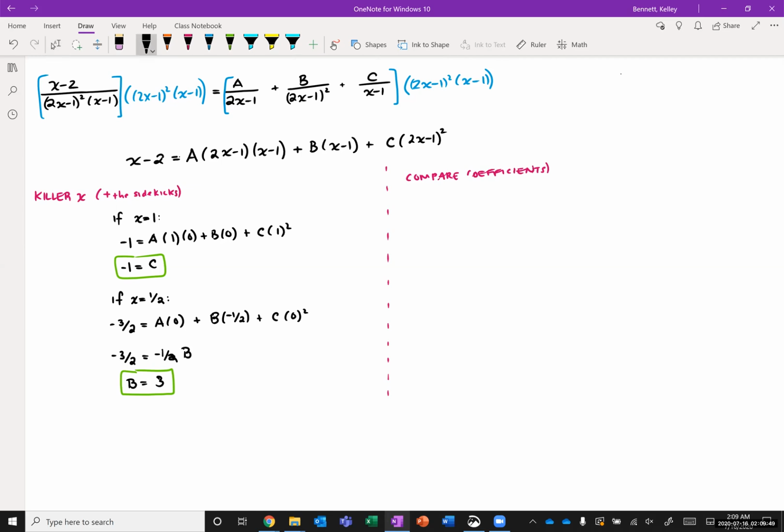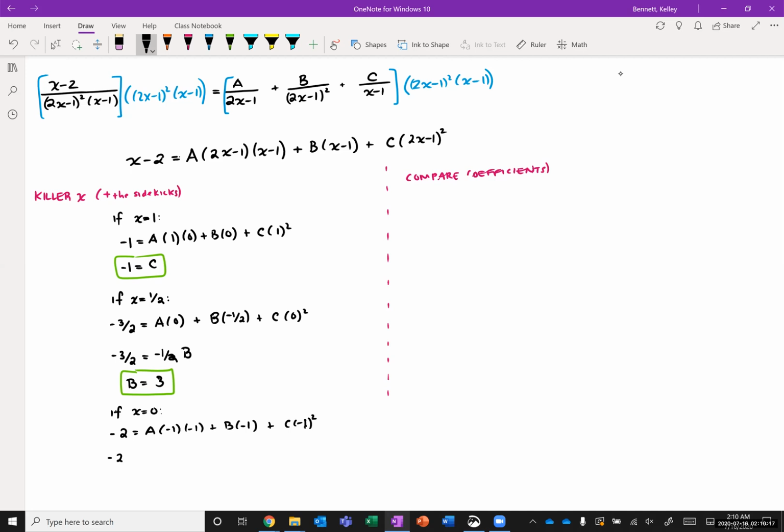So if I plug in 0, what do I get? I get negative 2 equals a times negative 1 times negative 1 plus b times negative 1 plus c times negative 1 squared.